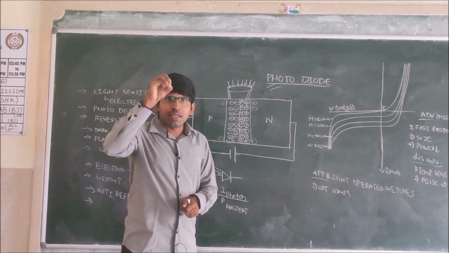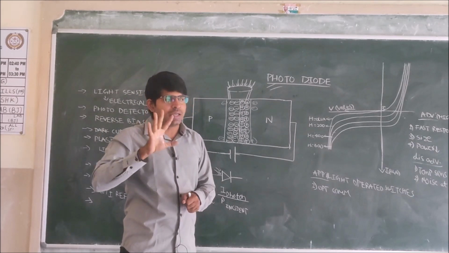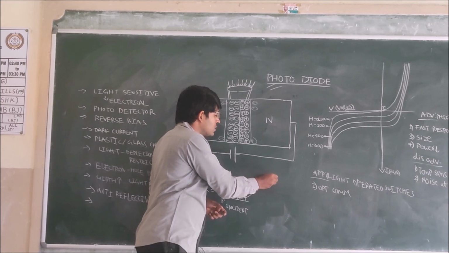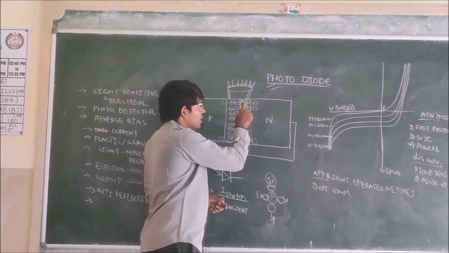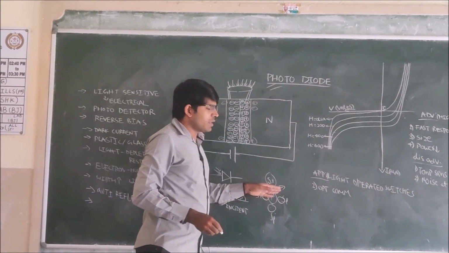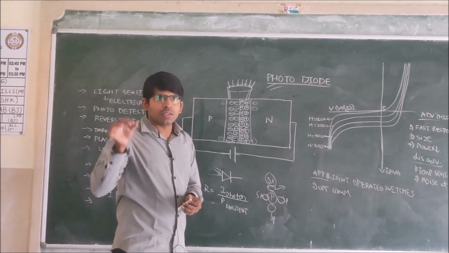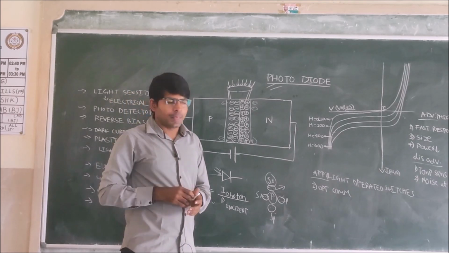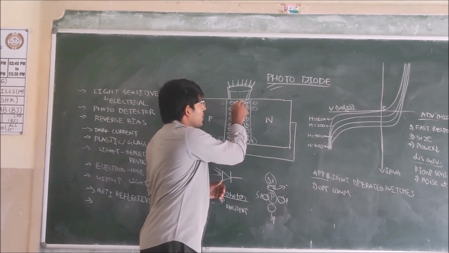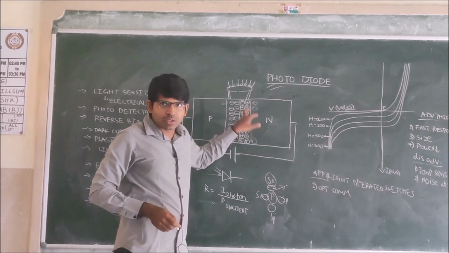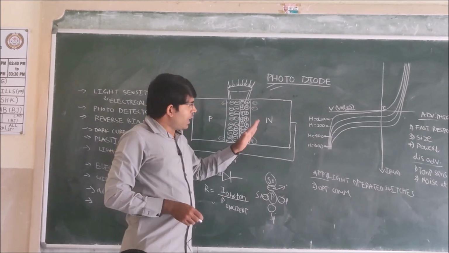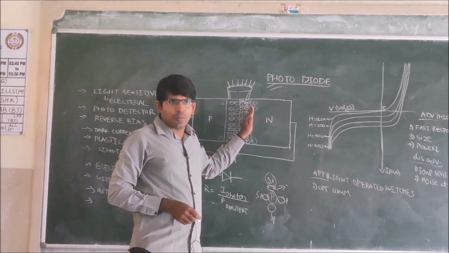But when light falls on this region, the electrons in the covalent bonds, for example at this phosphorus ion, come out because of the applied light energy, forming an electron hole pair. On both sides, with the incident light energy, electron hole pairs are formed.